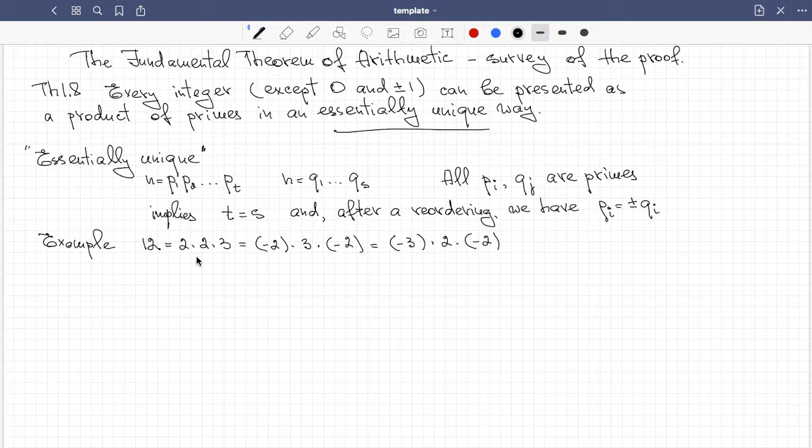And the proof of this theorem naturally splits into two parts.